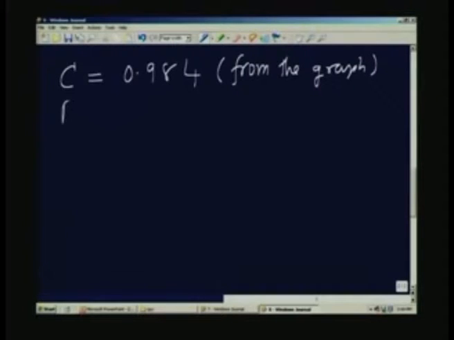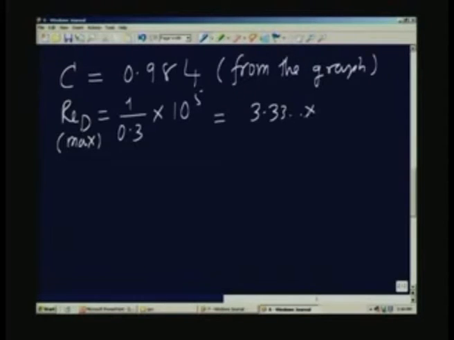So we will just mention here from the graph. This corresponds to Reynolds number 1 over 0.3 times 10 to the power of 5, which is the maximum value in this particular application. This is 3.3 recurring into 10 to the power of 5, and corresponding to that, this is the value of C which I am going to get. And all I have to do is to now substitute this value of C and the corresponding value of the mass flow rate in the formula which we used earlier.